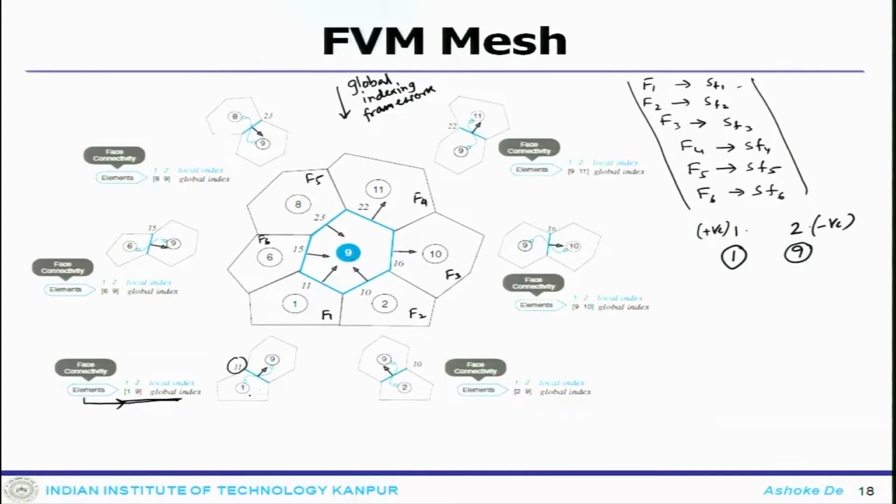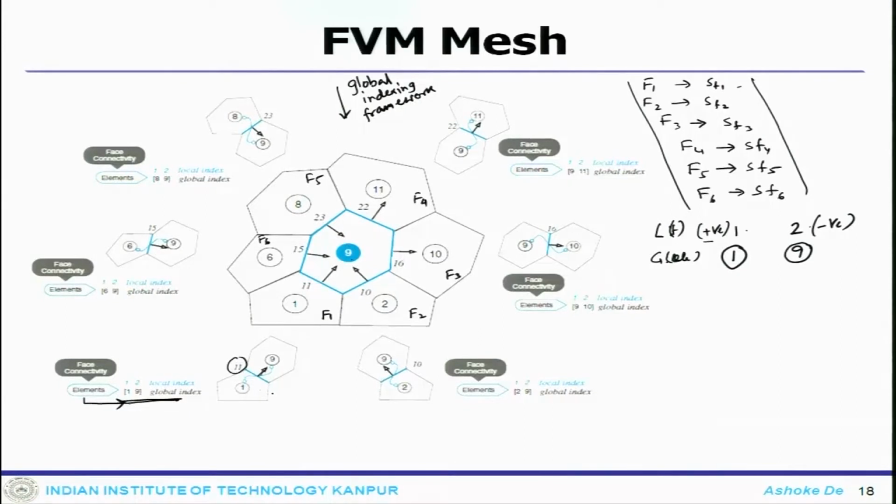When there is a connectivity and you map the connectivity, you always have a local connectivity and a global elemental connectivity. This is local face connectivity. Whenever it sees face 1, it will be multiplied with a positive sign, that means it immediately points in the outward direction.